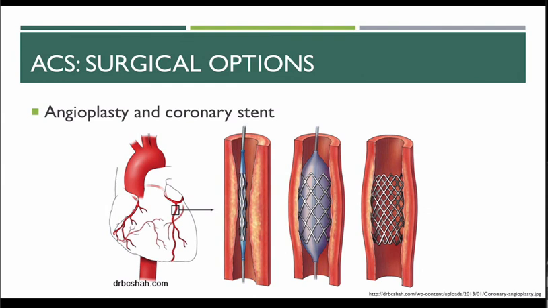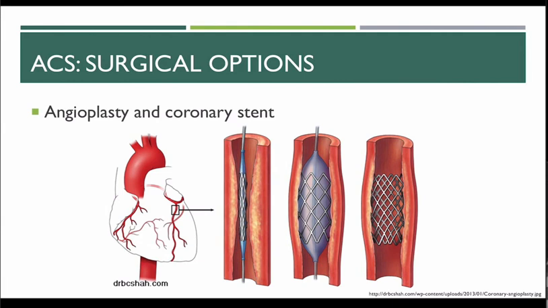Many patients will require or benefit from surgical options to more quickly open up the blood vessel and restore blood flow, or immediately after the event, once they've determined how unstable their plaque is, they might have a surgery to prevent another MI from happening. So probably the two most common surgeries that you'll see.